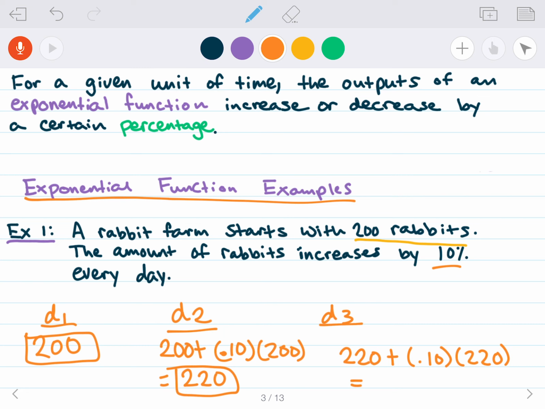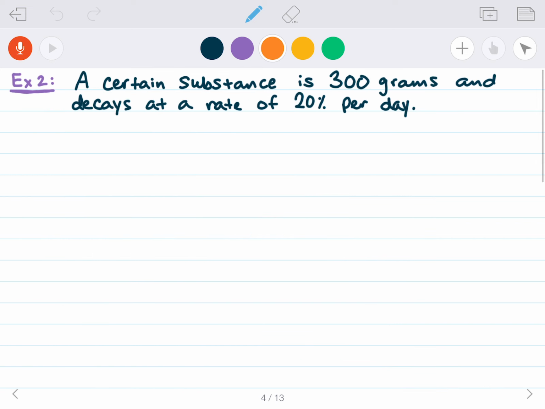On day 3 we have 242 rabbits, and the pattern just keeps going on and on. So this is a situation that can be modeled by an exponential function. Similarly, if something's decreasing by a fixed percentage, that's also going to be modeled by an exponential function.